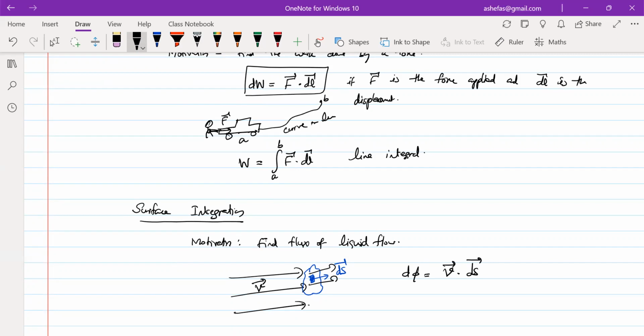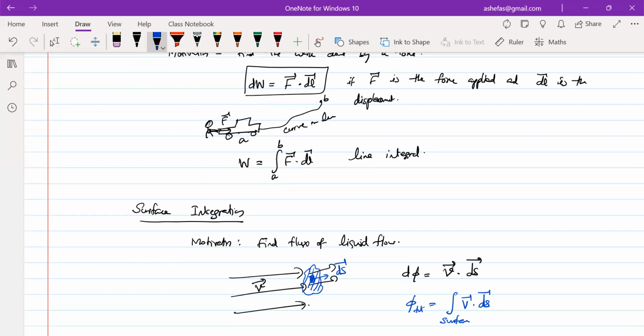Now how can we find the flux through the total area? So we have to integrate this infinitesimal flux throughout this entire shaded region. So the total flux would be integral of v dot dS through the surface of the shaded region.